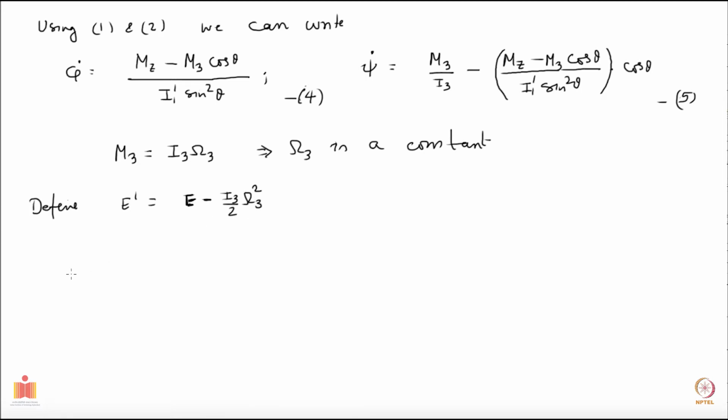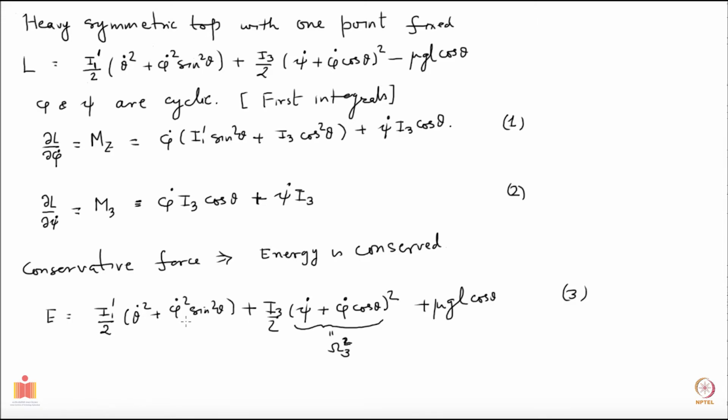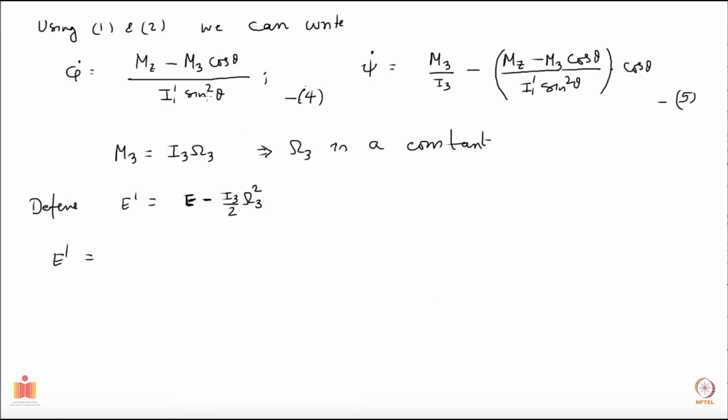Okay, so with this I have now E prime is equal to what? Let's go back. This term plus that term, right? So this term gives you a theta dot square term, plus something which involves only theta. And in this phi dot I'm going to substitute this thing, because I have already determined phi dot in terms of theta.